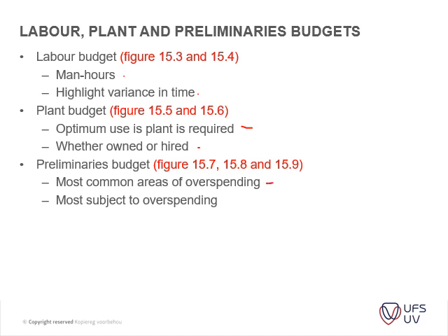This is your most common area where you overspend, and most subject to overspending. Okay, so it's emphasized twice. I don't know why I put it there, but that's how important it is to have your preliminaries looked after. So please have a look at 15.7 and 15.8.